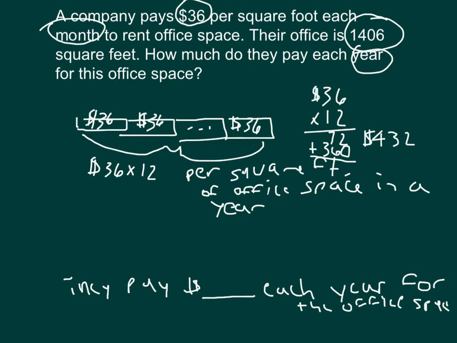And that would be the amount there. This whole thing here then is $432. That's the amount again per square foot of office space in a year. That's not my answer though, because that's per square foot, and I still have not used this 1,406, which is the size of their office.